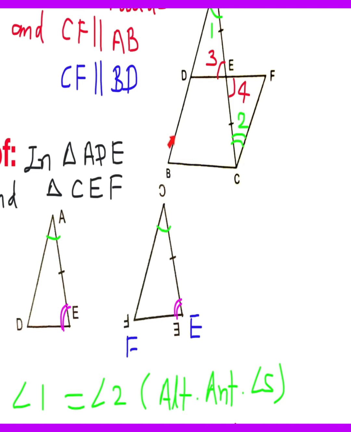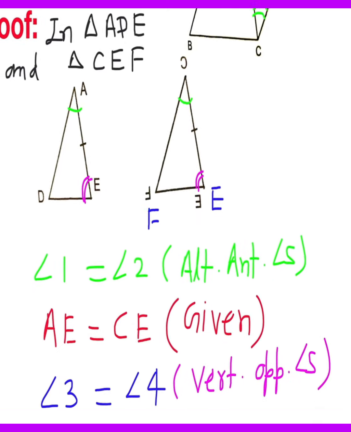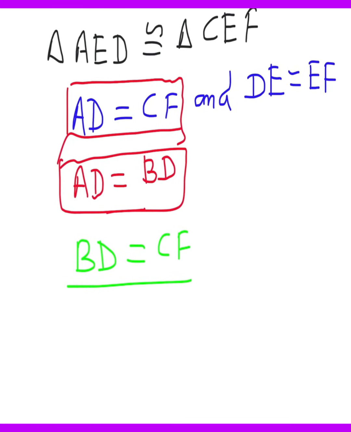BD equal to CF, and by construction BD parallel to CF. So you will write in the next step, BD is also parallel to CF. Why? By construction.